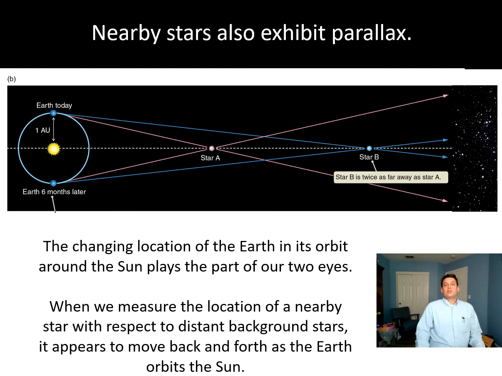So the first question then, if we're going to try to exploit the concept of parallax and use it to our advantage to determine how far away stars are, is where are our two astronomical eyes, right?